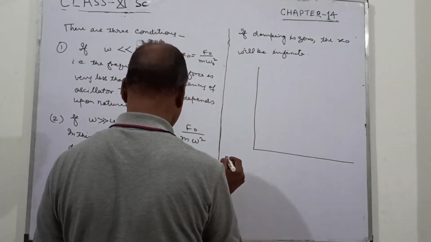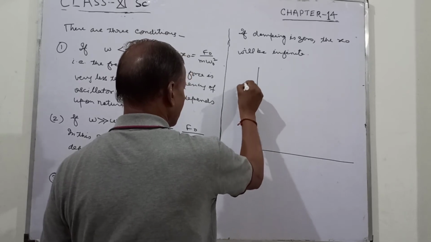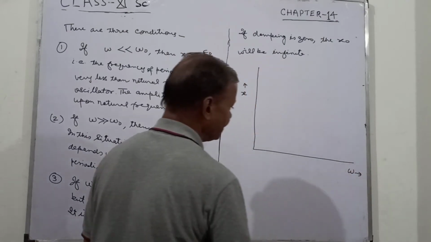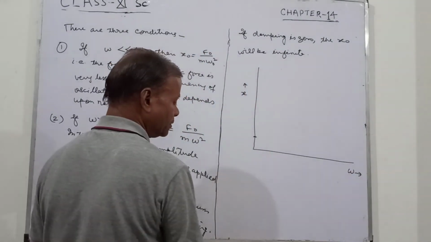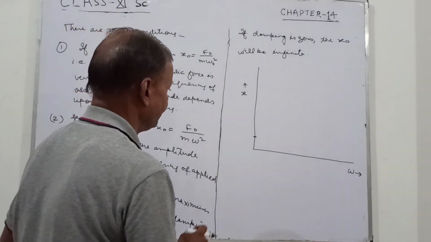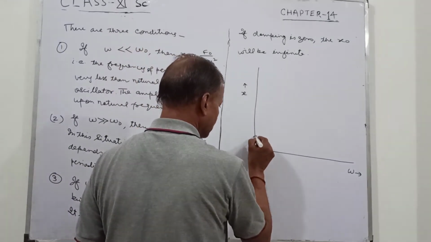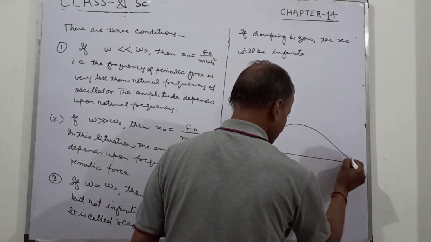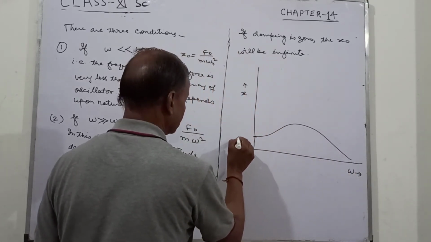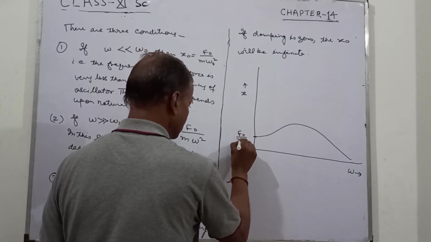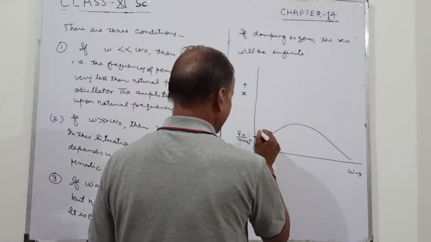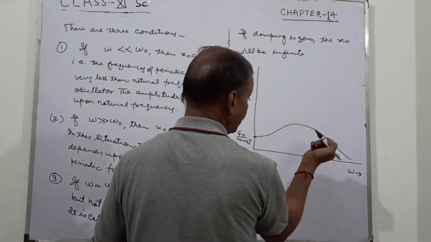So here we have the amplitude x, and this is omega, the frequency. When we have this equal to f naught upon m omega square, you can see the curve is like this. This is equal to f naught upon omega naught square, this value, and this is for very high damping.